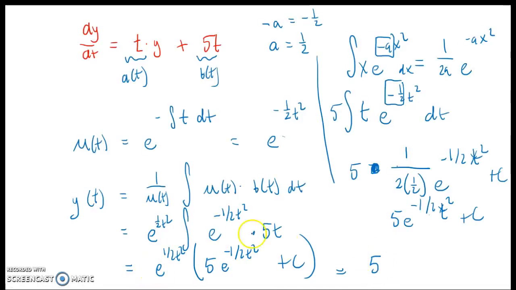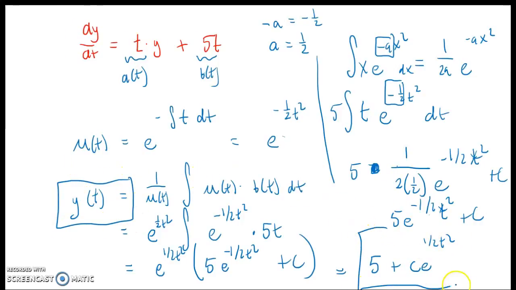And e to the 1/2 t squared times c is plus c e to the 1/2 t squared. There's my solution: y of t equals 5 plus c e to the 1/2 t squared. So you can see how much easier it is to use that technique. It's still quite a bit of work to arrive at the algebraic solution, but our general form allows us to apply this quote-unquote quick method to any first-order linear differential equation.